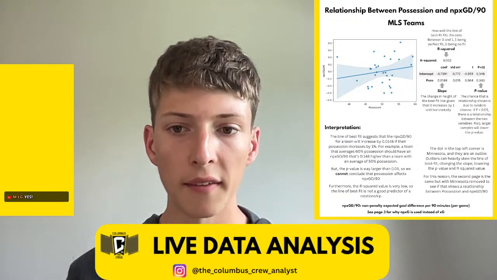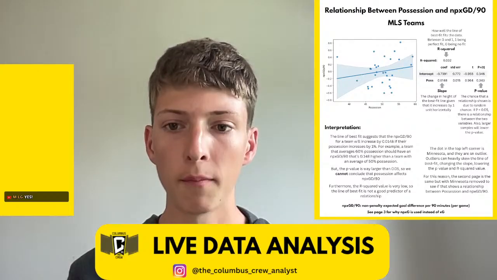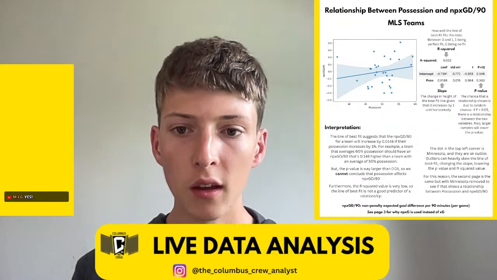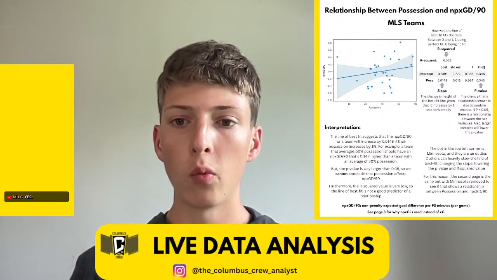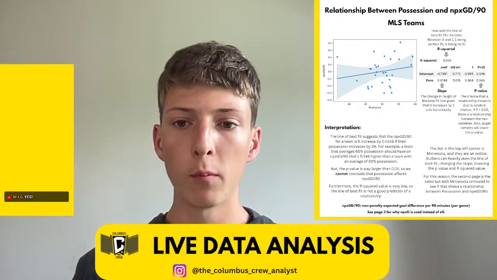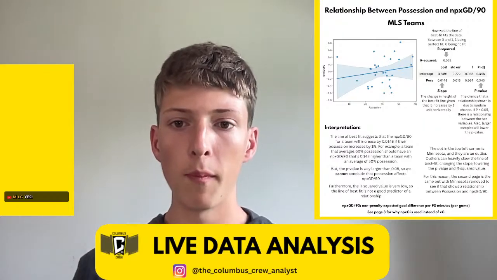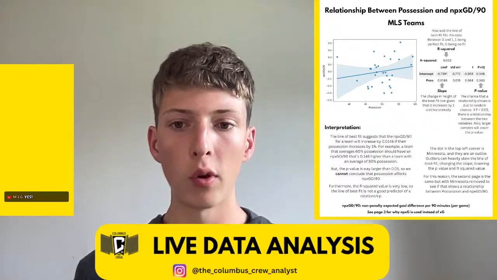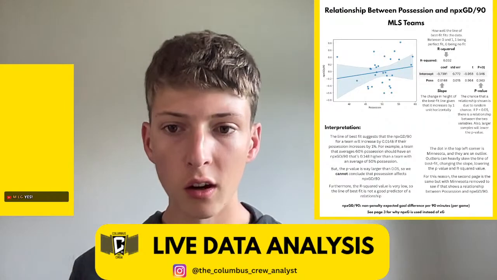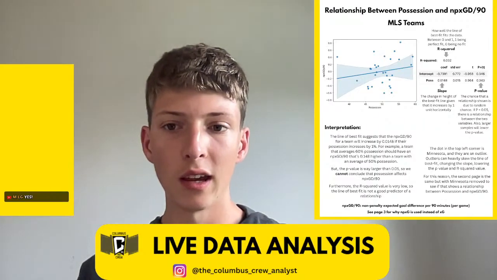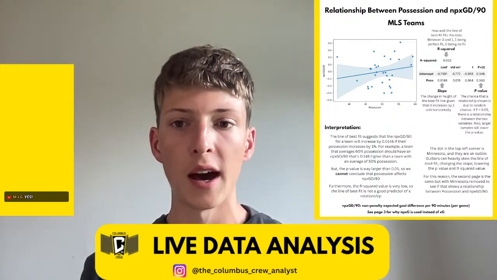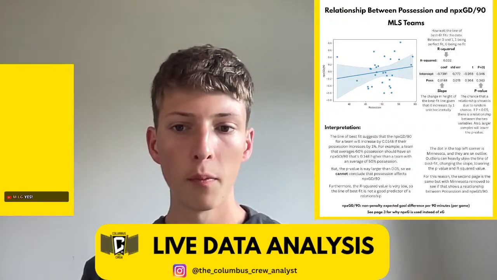We can look at it later when we actually do want to look at that, because when there's an increase of 1% of possession, non-penalty xG per 90 should increase by 0.0148. And that's what the slope is telling us. But we have to disregard that because the p-value is high and the R squared value is low.